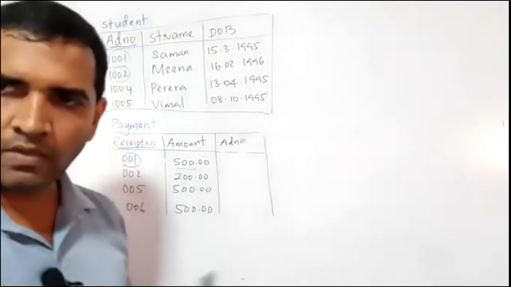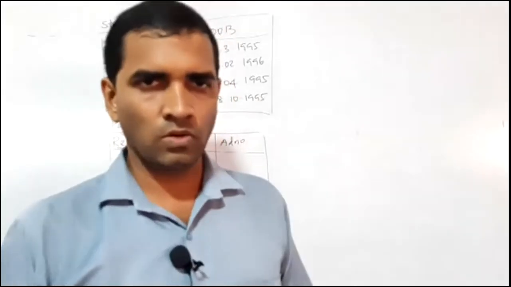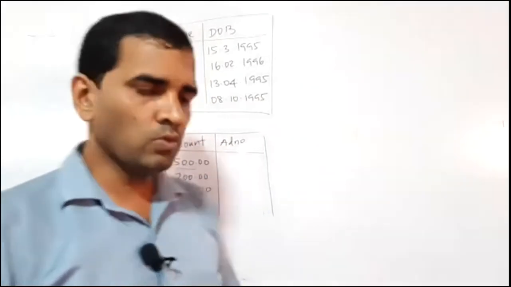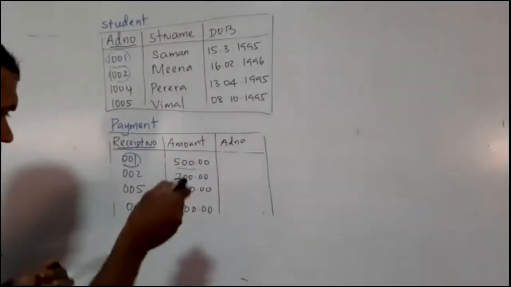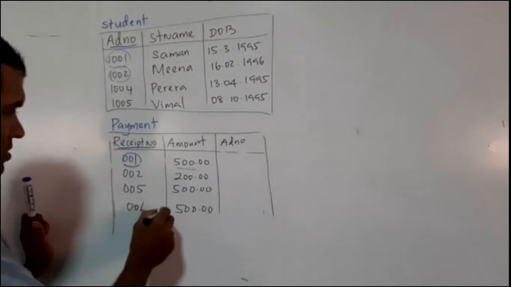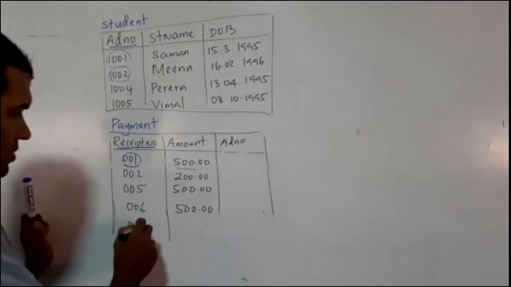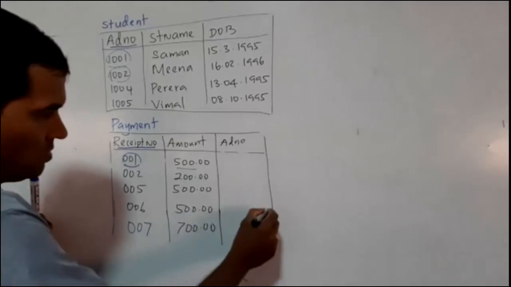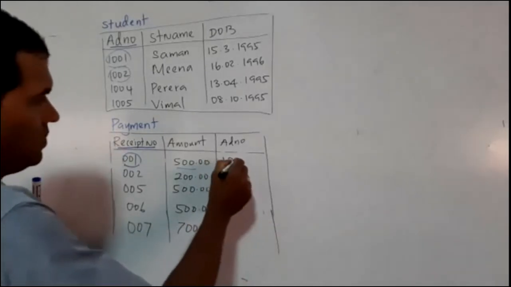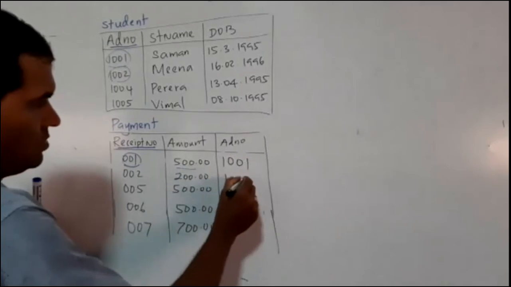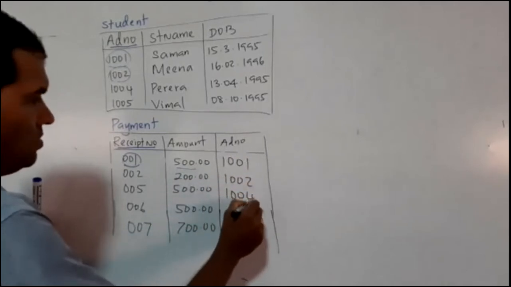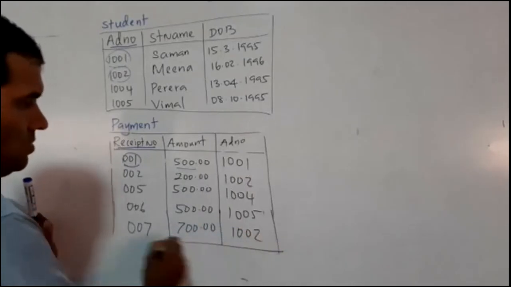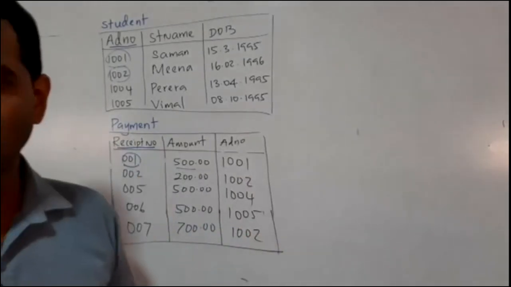Not make a change, I want to add a new record. I'm not going to make any changes in the data, but let me add new data, a new record. So assume this is 007, 700 rupees, 1001, 1002, 1004, 1005, 1002.